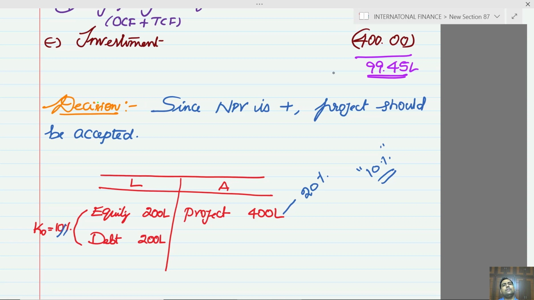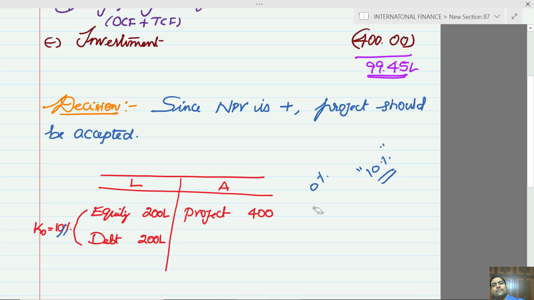If you fail to invest this amount at the minimum rate of 10%, then you would suffer some loss. Suppose I got money at the rate of 10%, but make investment at 8%. You have to suffer a loss of 2%. Who has to suffer that loss? The shareholders have to suffer the loss.